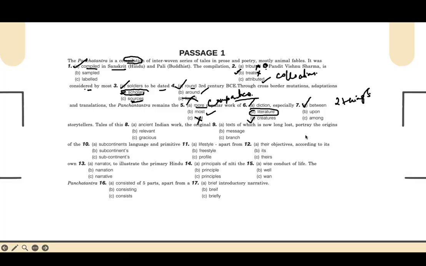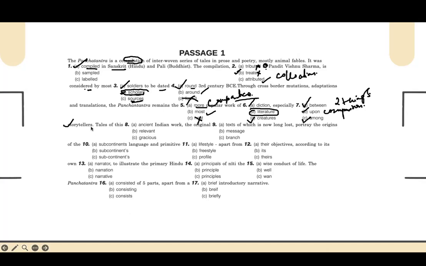Upon is a preposition, but the position of upon is not correct here. We cannot use it for comparison. Okay? But if I talk about among, especially among storytellers, among is referred to being in a company of or surrounded by, used when we are comparing within a group. And the group here is storytellers. Clear? We covered this when we were doing prepositions, right?